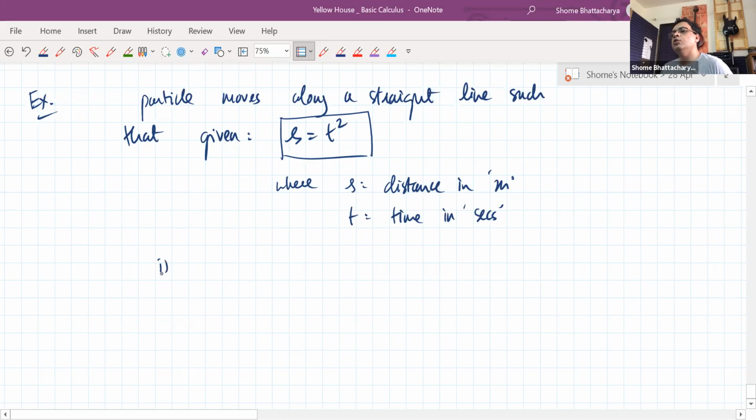So first of all, we want to plot an approximate graph of s versus t. This should not be too difficult, right?